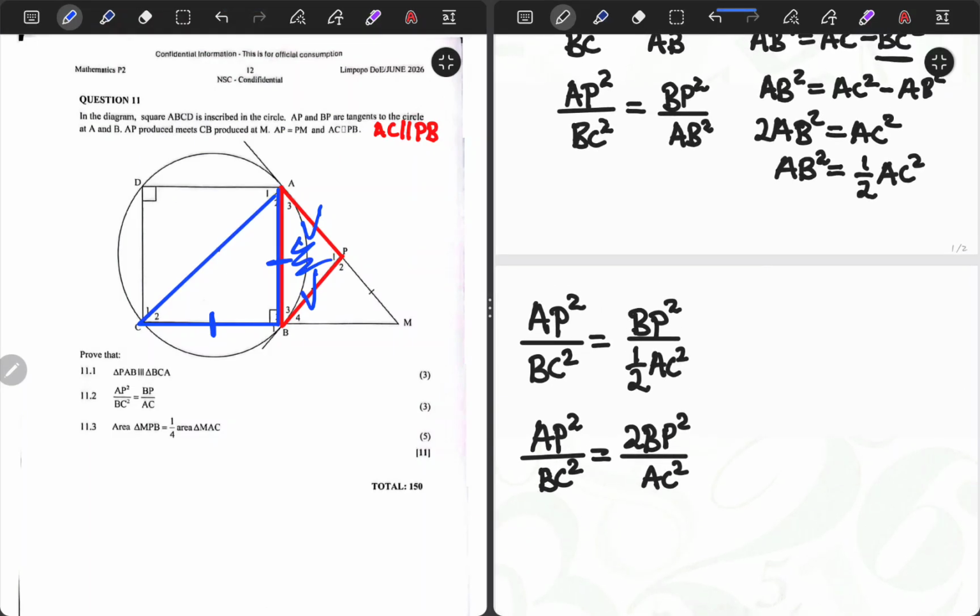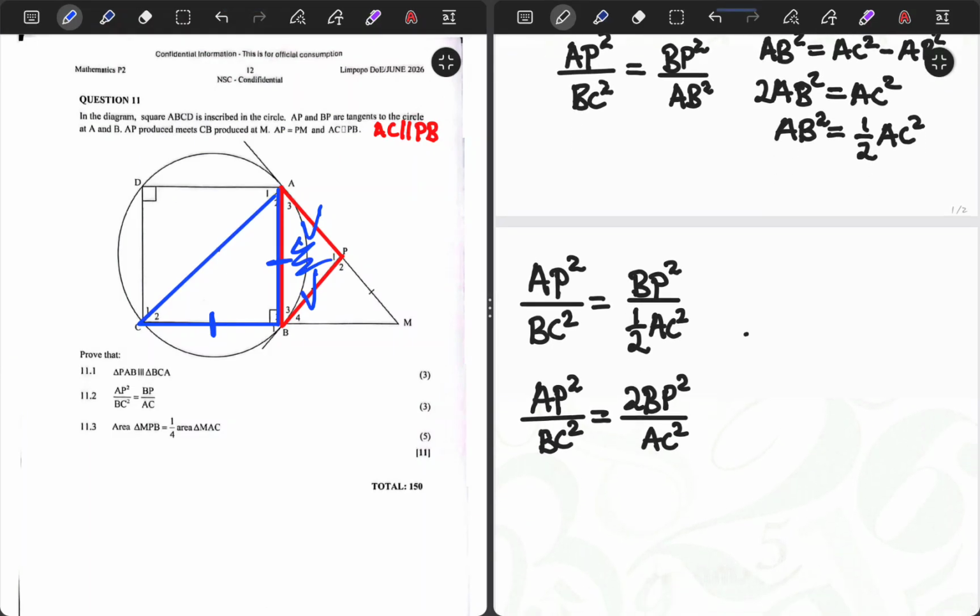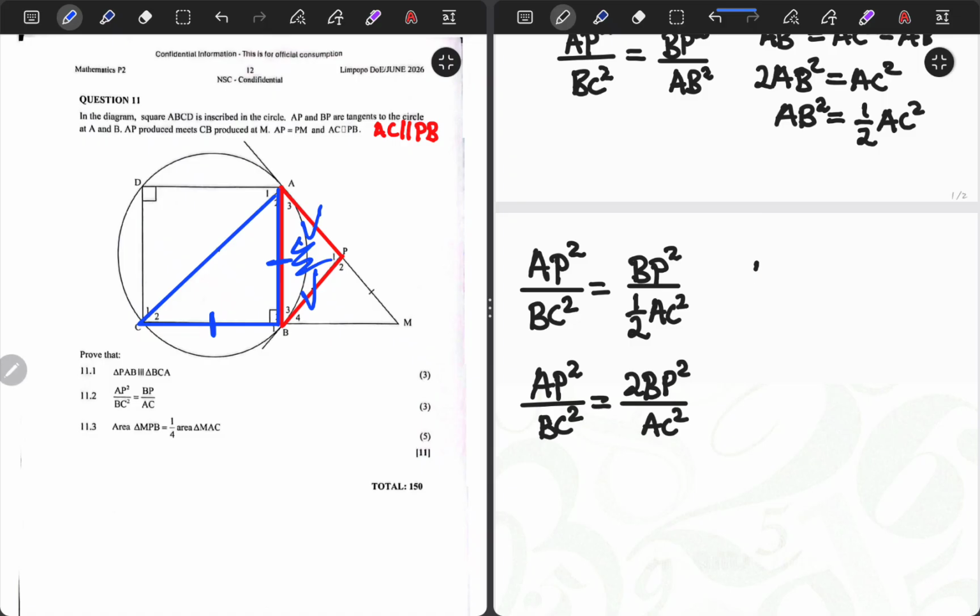We have Pythagoras there as AB squared equals this one plus AP.